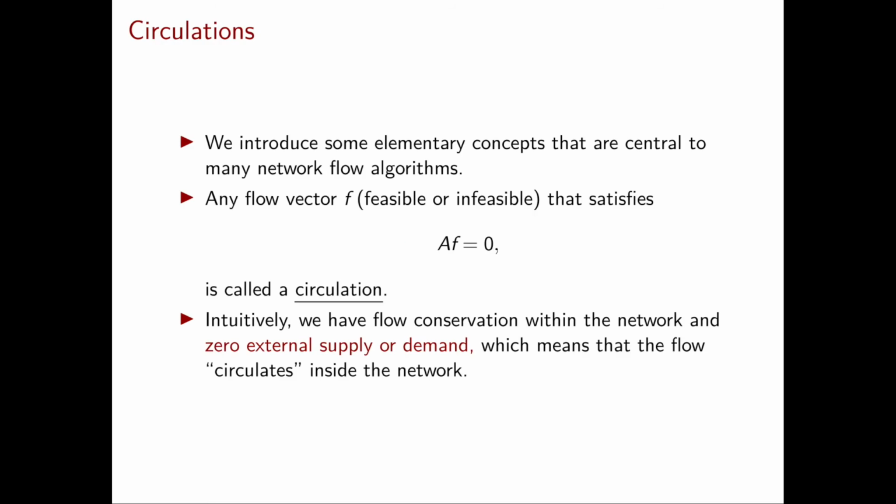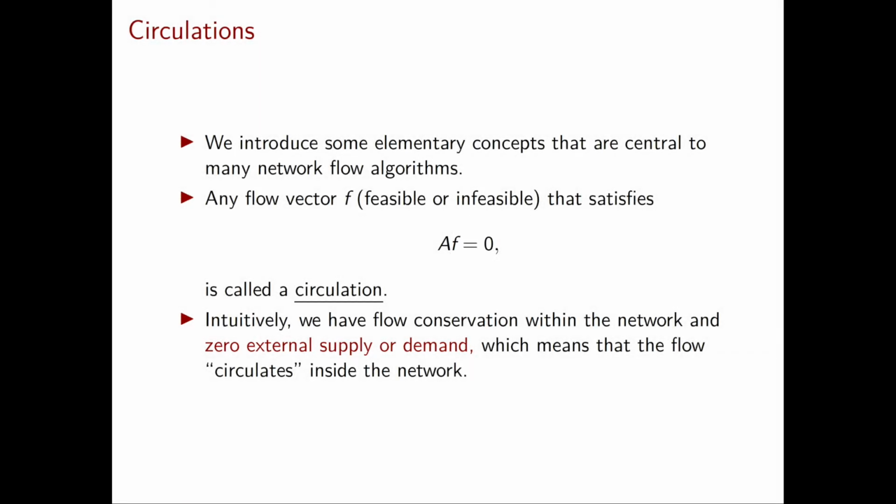Next, we discuss a very special type of flows that are called circulations. In particular, circulations will be extremely useful in the network simplex, and they are also useful for other types of combinatorial algorithms for network flow problems. A circulation is defined as a flow vector f that satisfies Af equal to 0.